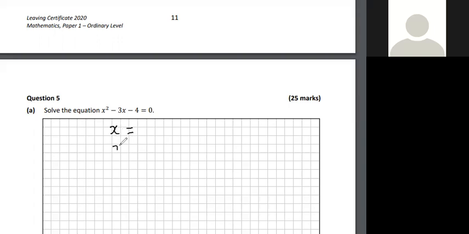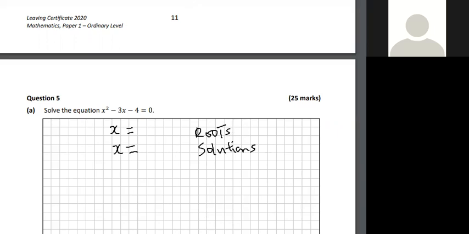X. So you're going to have two values of x. Sometimes they call it the root of the equation, or they call it the solutions.